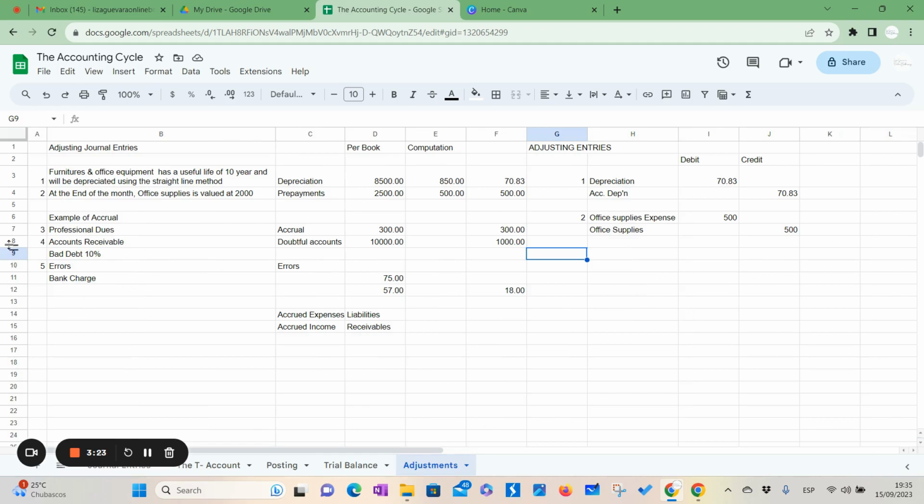But in order to show you the other adjusting journal entries for the rest of the examples, we have here number 3, we debit professional dues of 300 and credit accrued professional dues 300.